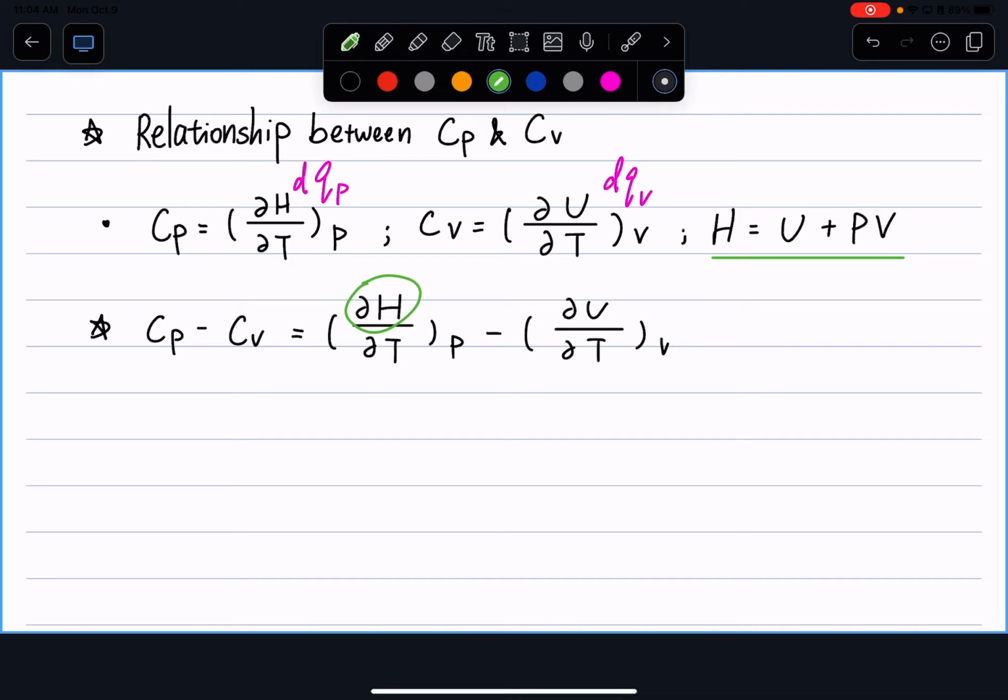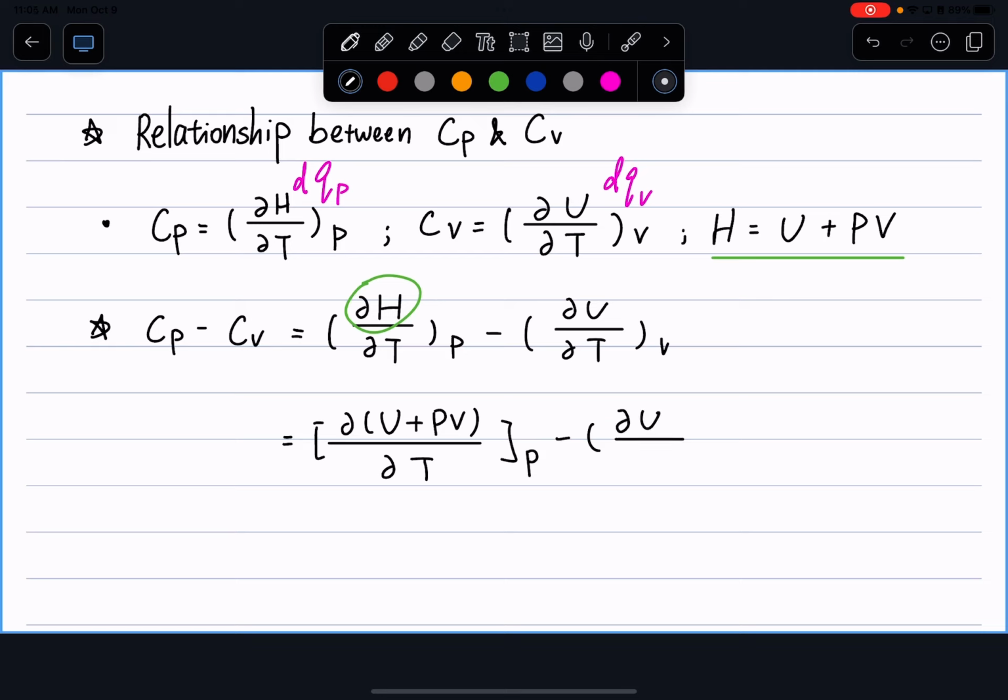Enthalpy is by definition your internal energy plus PV. So we can write that term as the partial derivative of U plus PV over T at constant pressure, minus the partial derivative of internal energy over T at constant volume.